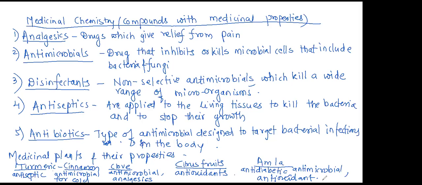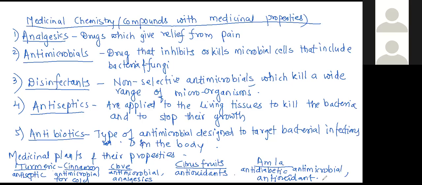When I did my post graduation, we had drugs and dyes. We used to prepare aspirin and all those drugs in the laboratory. In short, apart from the natural ones, there are so many synthetic drugs, and very big companies like Pfizer, Glaxo and Cipla are involved with medicinal chemistry and the manufacturing of drugs.